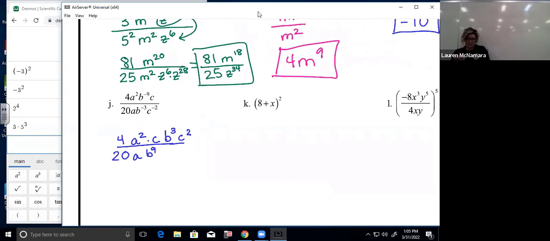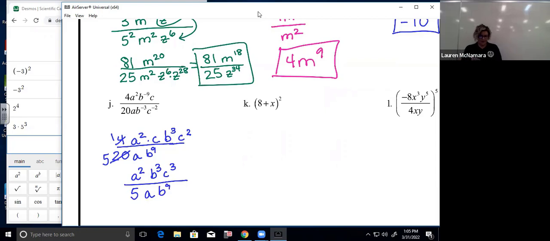Now I'm going to simplify my numerator. Can I go ahead and reduce the fraction, my coefficients? Absolutely. 1 and then 5. So I have A squared in the numerator, B to the 3rd, and then C to the 3rd, divided by 5, A, B to the 9th.